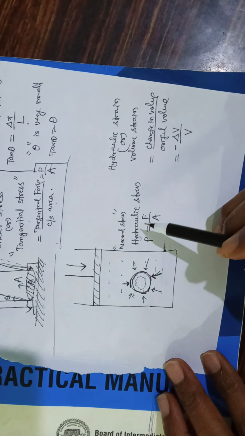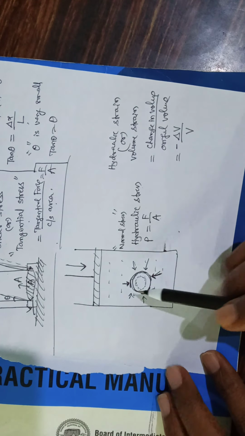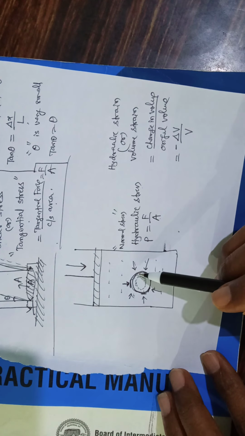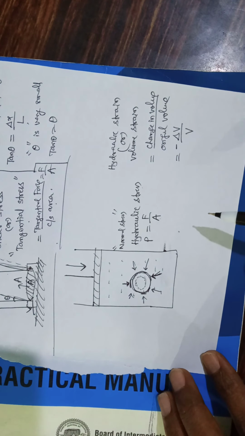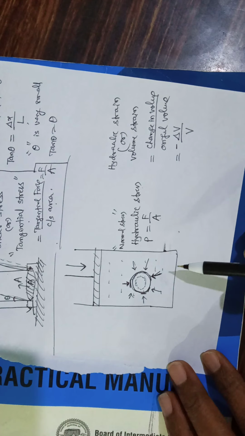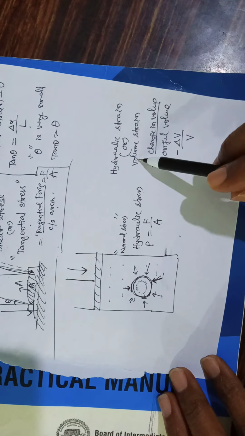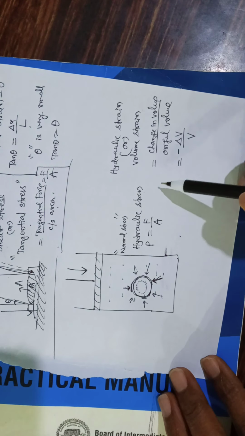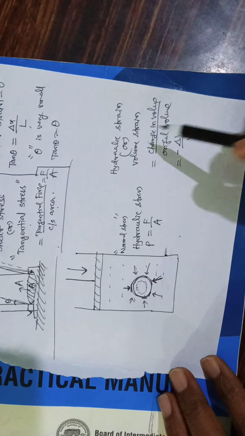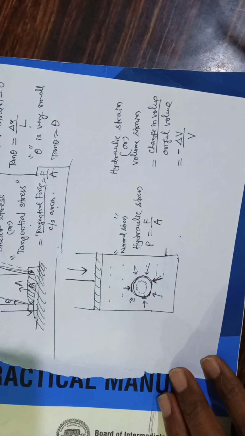And this is normal stress because everywhere the force is at 90 degrees to the surface. Okay, and the hydraulic stress is causing hydraulic strain or change in its volume. That's why this is also called volume strain, and this is defined as minus change in volume by original volume, minus delta V by V.